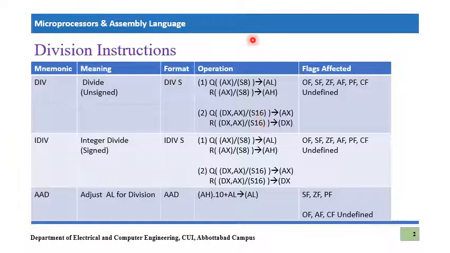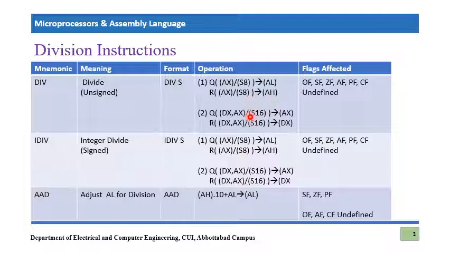So when the accumulator is being divided by S8, which is our 8-bit source operand, there will be two things in the answer. The quotient will go to the AL register and the remainder will go to the AH register. One thing to note here is that AX contains the dividend, the number we want to divide, so that number should be stored in AX prior to using this instruction.